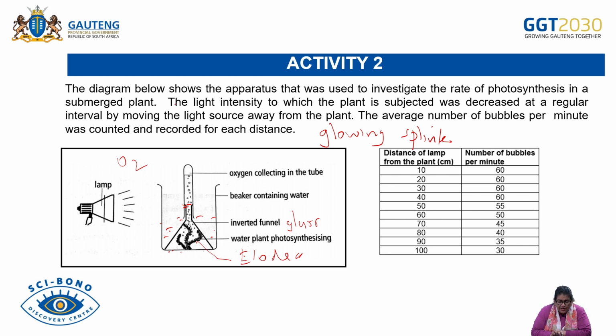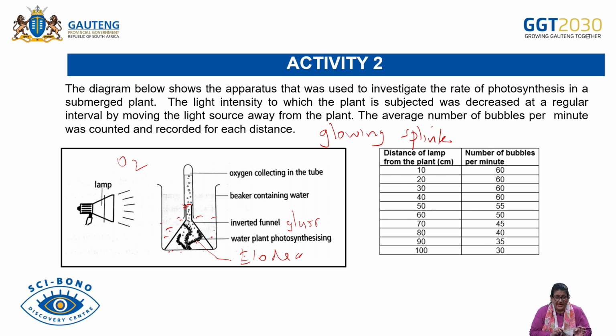So let us read this experiment now. The diagram below shows the apparatus used to investigate the rate of photosynthesis in a submerged plant. When you see the words to investigate the rate of photosynthesis and its effect on the oxygen bubbles, you must know that is an aim: to investigate whether this has an effect on that.